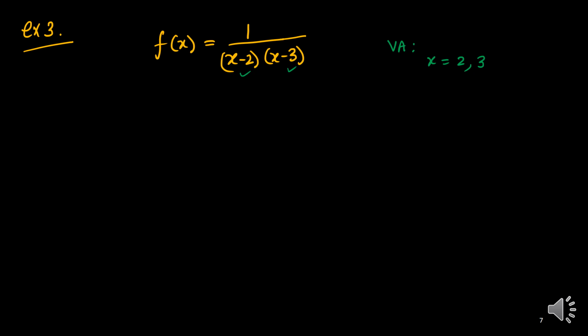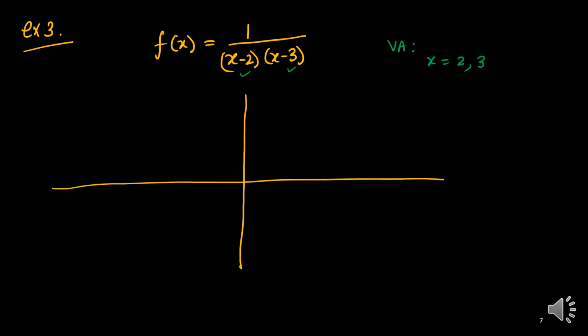Alright, so I'll consider this is the y-axis, this is your x-axis. Now I'll consider this point x equal to 2 here, and this is the point x equal to 3 here. Okay, so there I'll draw the vertical lines.